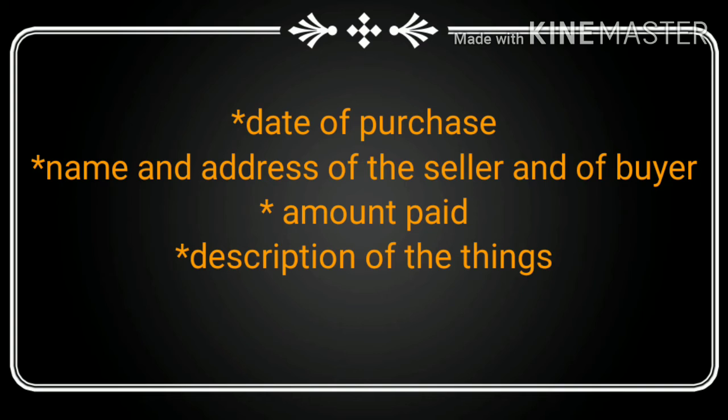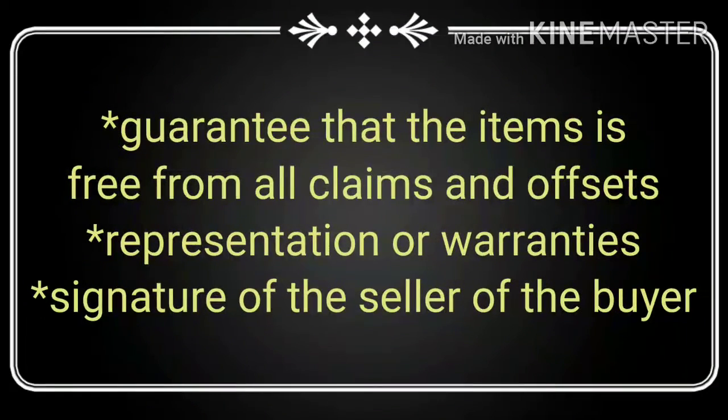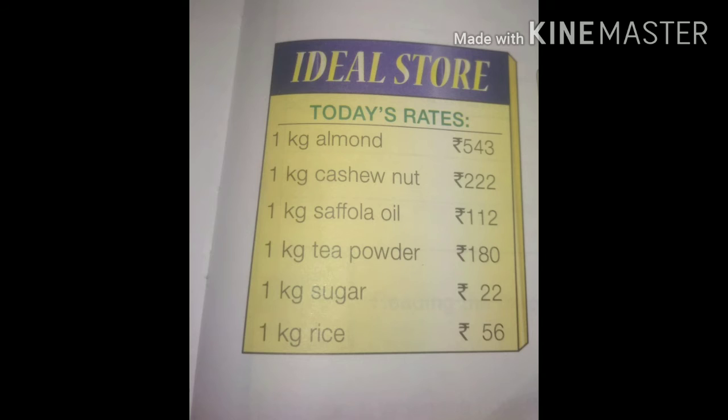So children, that bill contains date, name and address of the seller and buyer, amount paid, description of the things, a guarantee that the item is free from all claims and offsets, representations or warranties, and the signature of the seller and the buyer. So it also contains a guarantee that the item is free from all claims and offsets, warranties, and even a signature.